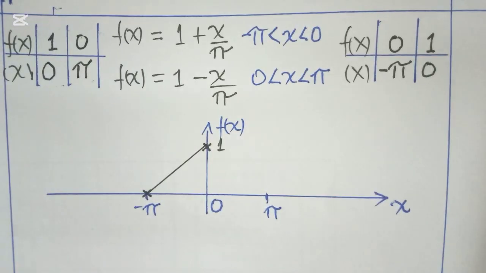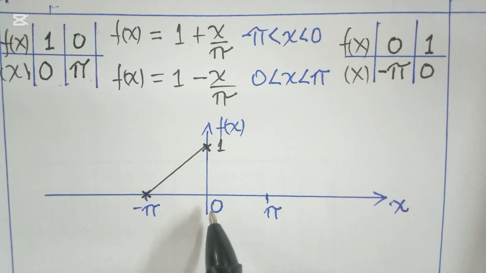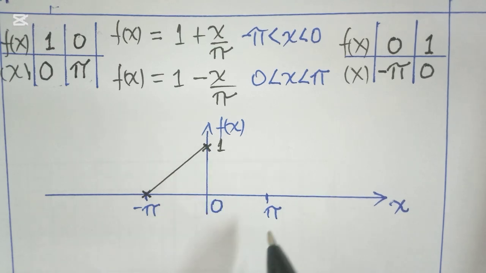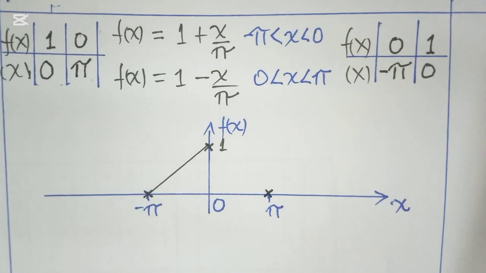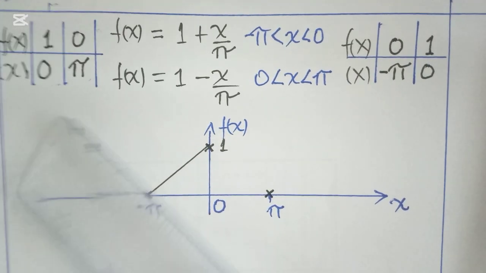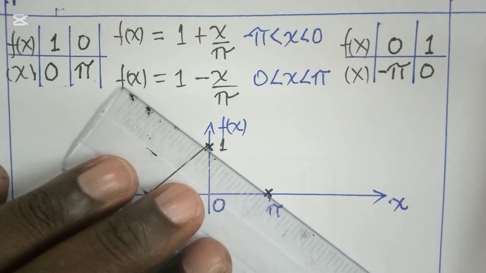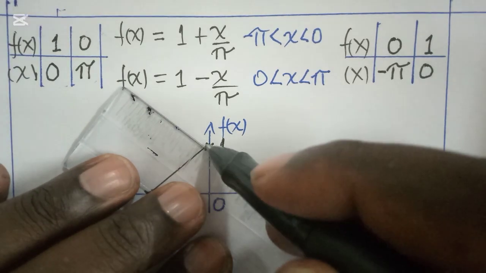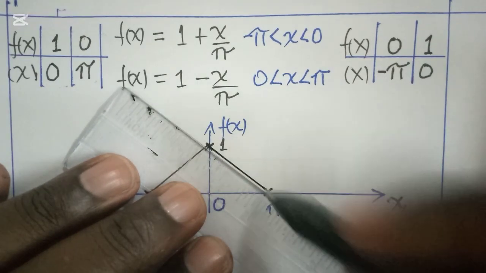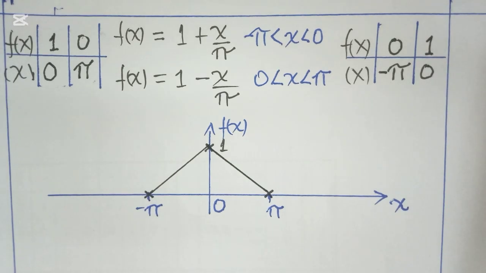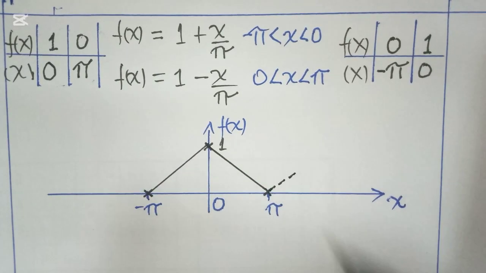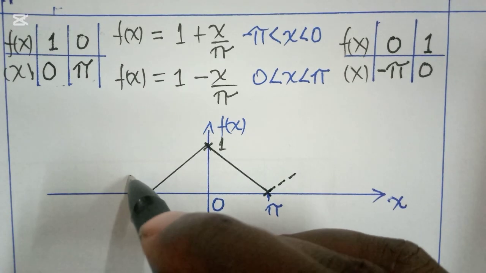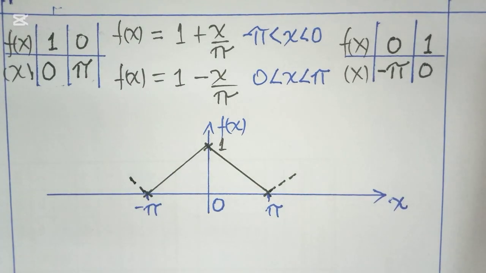I draw that line on this: 0 and 1 is at that point, pi and 0 at that point. Therefore, on this other side, my graph is going to be like that. So we expect this line to move like that on that side, and on this side like that.